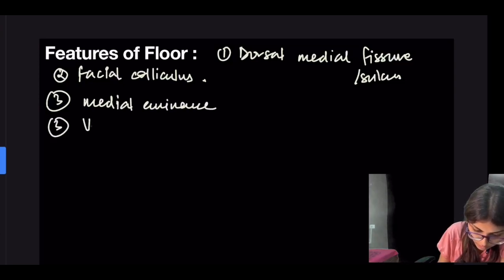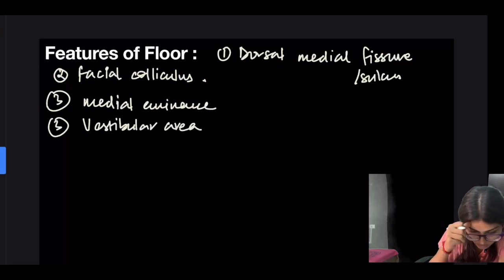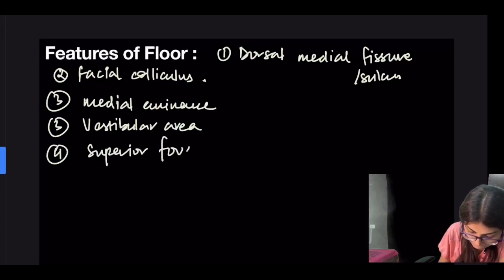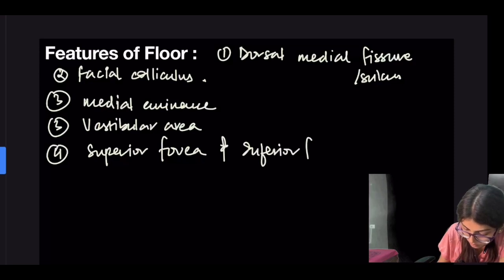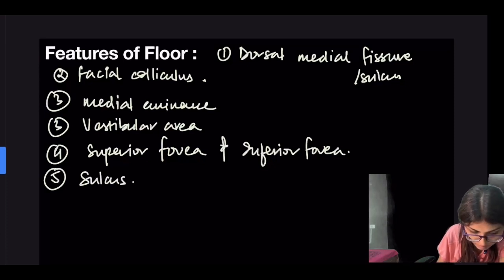Then the vestibular area. And we have two fossae, or fovea, we can say: the superior fovea and the inferior fovea. We have the sulcus limitans.